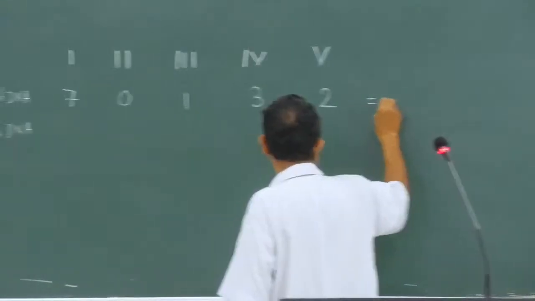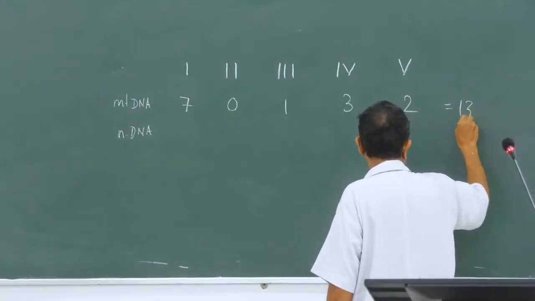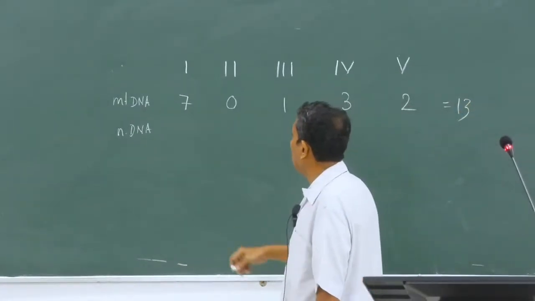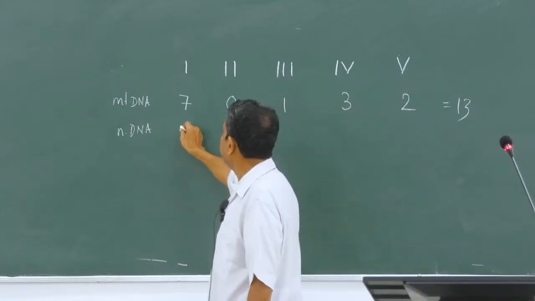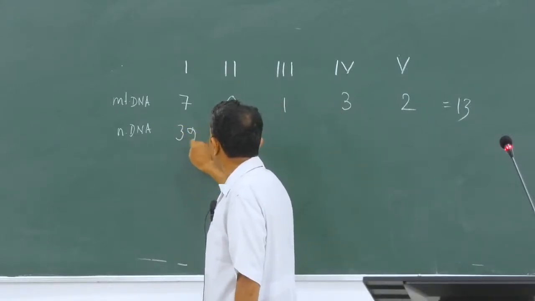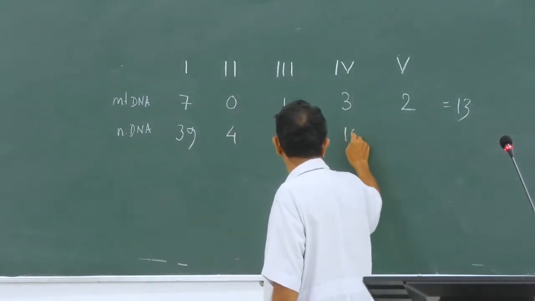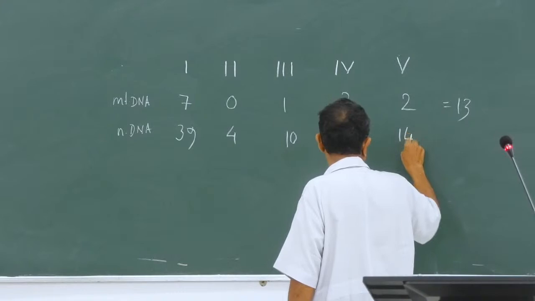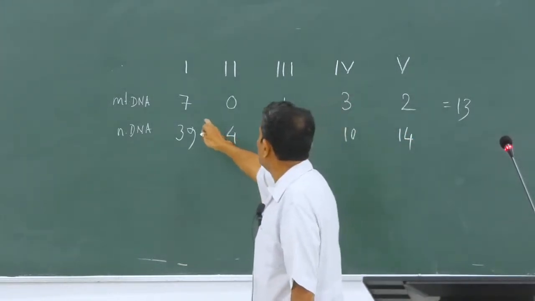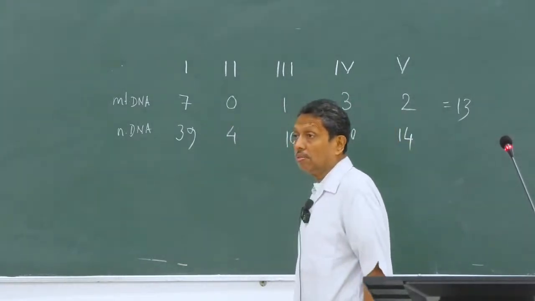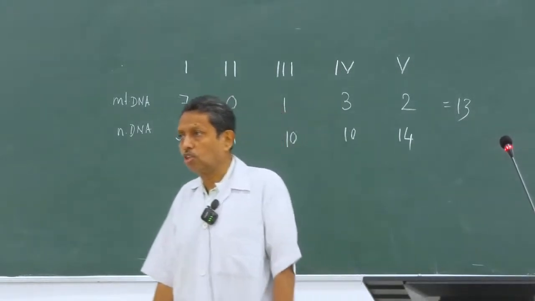Total 30. And nuclear DNA, they are numerous. So only 30 for this purpose, generation of ATP.